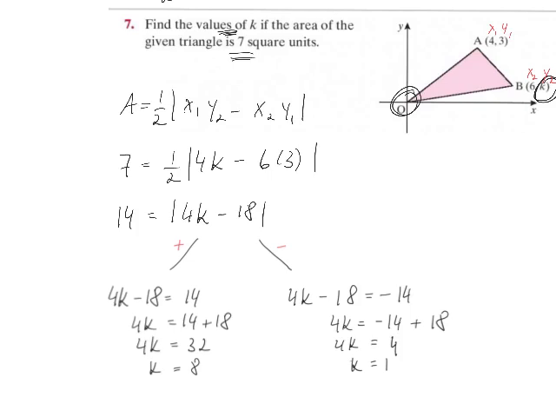We have to account for that situation as well. That's why we calculate 4k minus 18 equals minus 14. For the positive situation, we get k equals 8. For the negative situation, we get k equals 1.